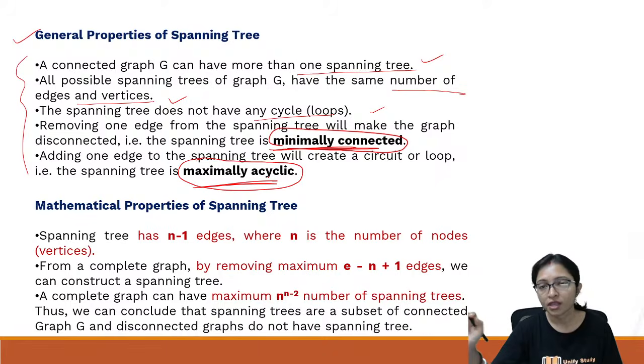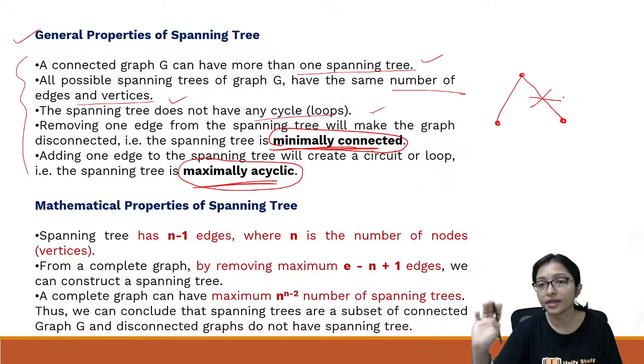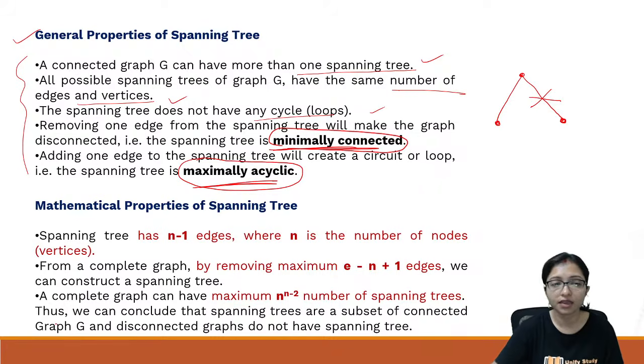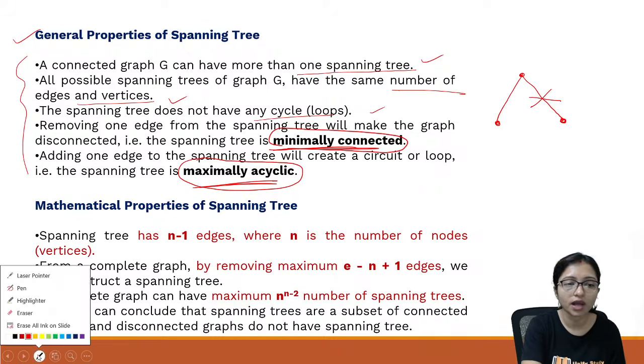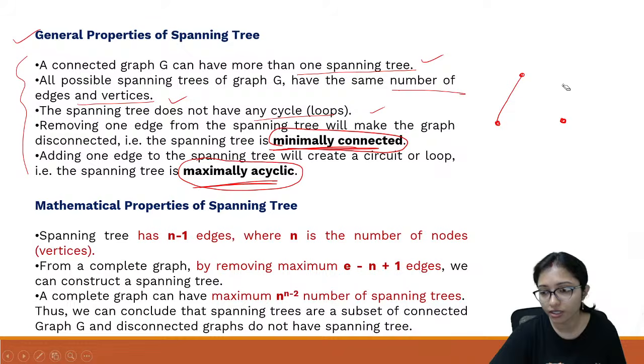What does that mean? Previously we took 3 vertices, and whenever I draw this, it is a spanning tree. If I remove any one of the edges, the graph will be disconnected. If I erase this edge, then the graph is disconnected. Is it or not?